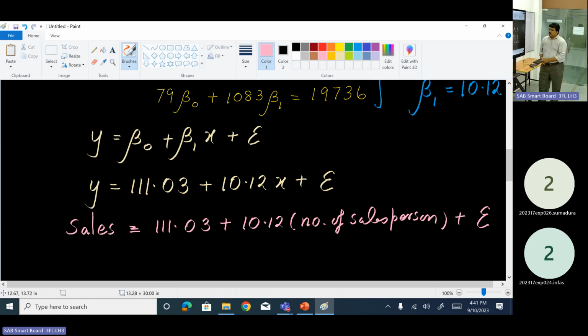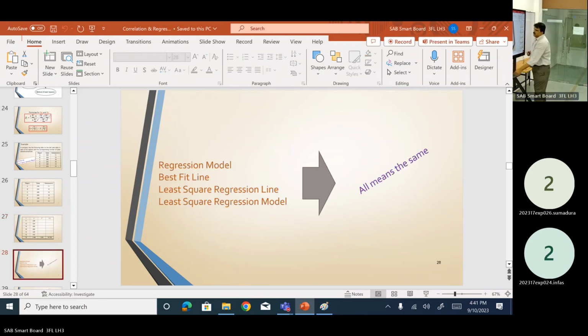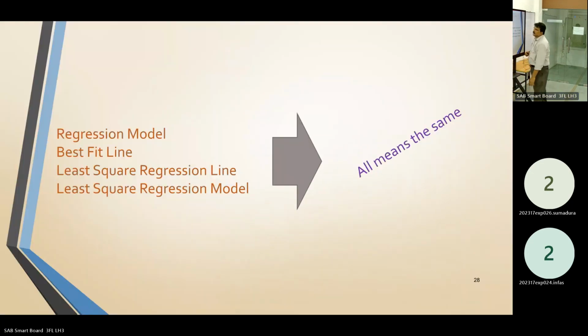So I told you there are so many names for this, right? You can call this a regression model, regression line, least square regression line, best fit line. So many names are there. So I will just note down those names. Regression model, best fit line, least square regression line, least square regression model.